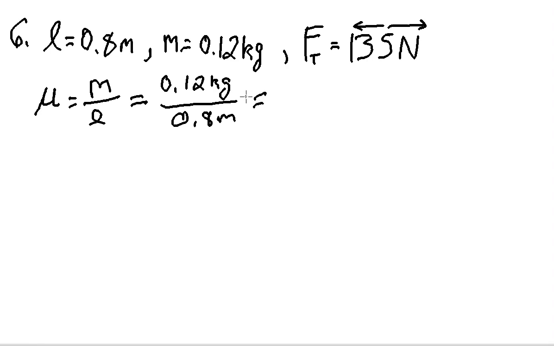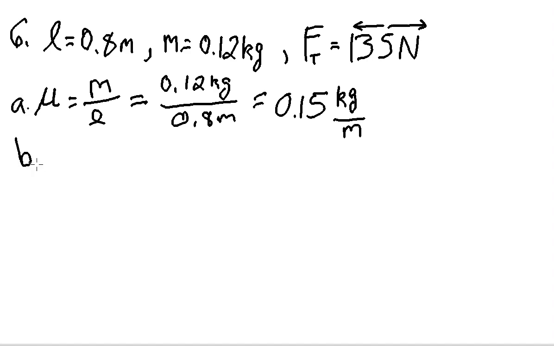So 0.12 kilograms divided by 0.8 meters gives us 0.15 kilograms per meter. So for every 1 meter of distance, there's 0.15 kilograms. That's mass length density. So this was A.